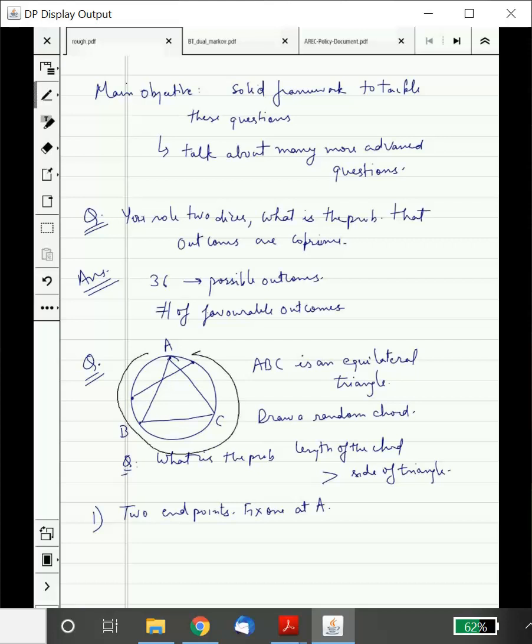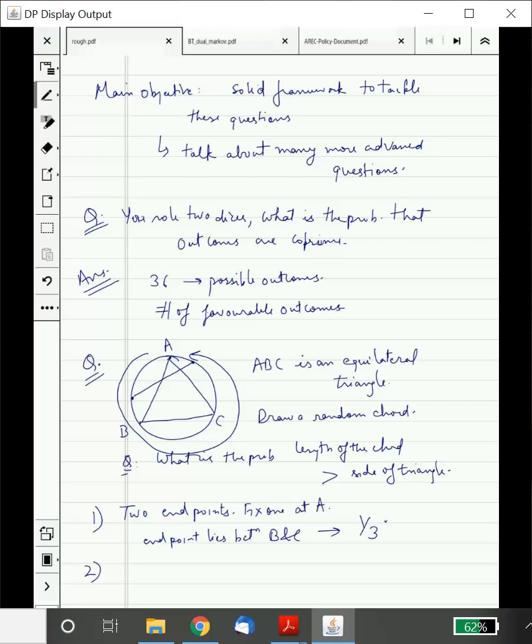And you realize that the length is more only if the endpoint lies between B and C. So this tells you that the probability is 1 by 3. Seems this question was not hard. But let's take another approach.